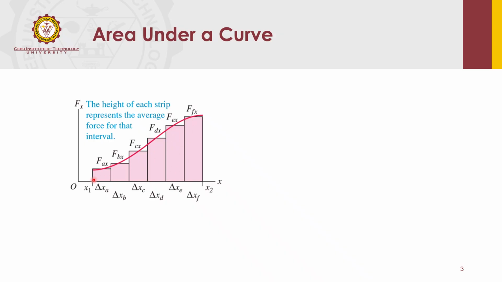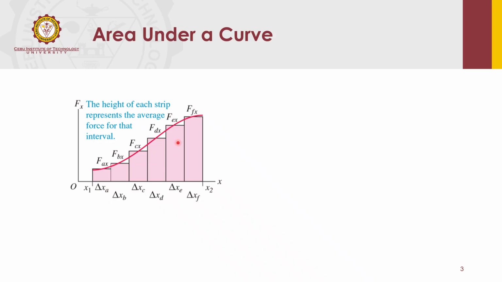The height of each strip represents the average force for that interval. So for this interval, delta x sub A, the height of the pink strip is the average force. And for this next interval labeled delta x sub B, the magnitude of the force is increased. For delta x sub C, increased.